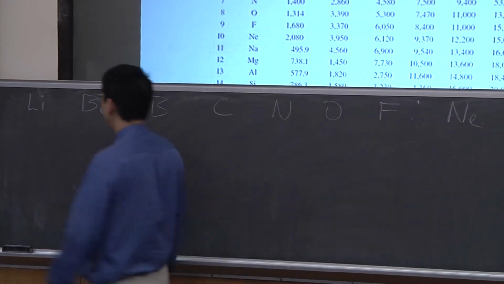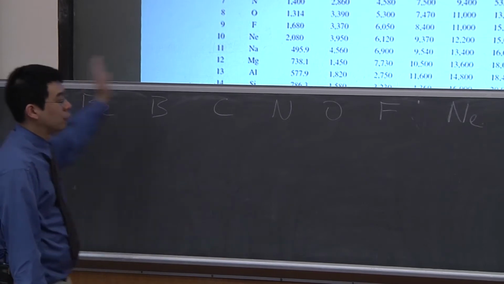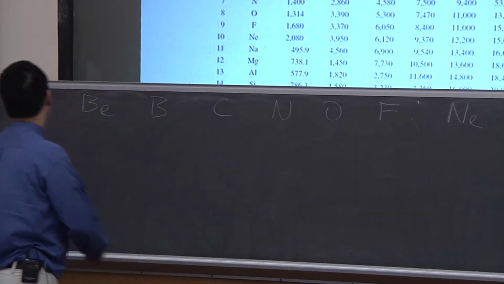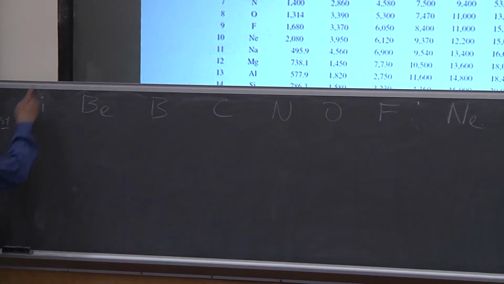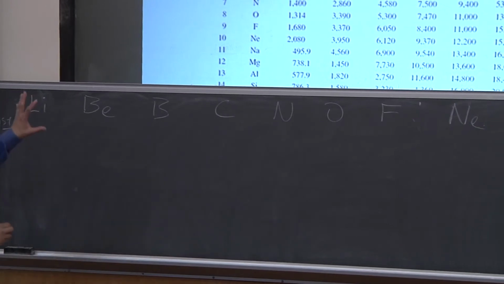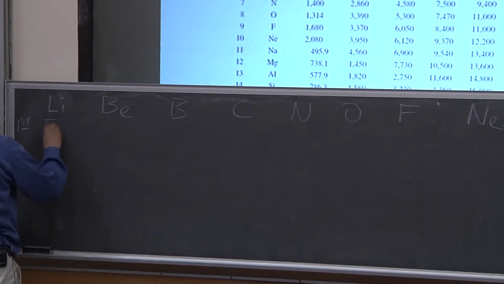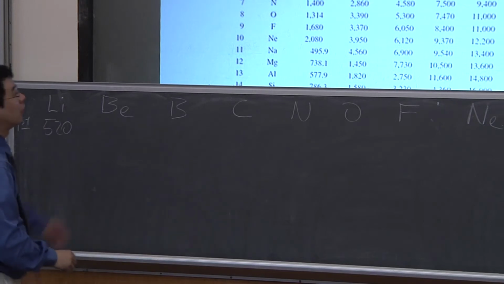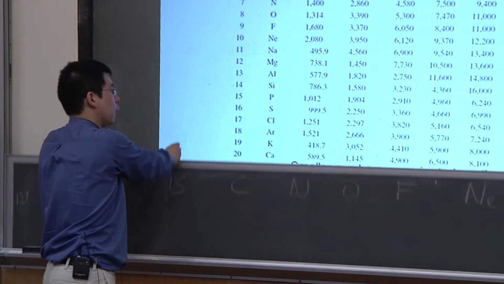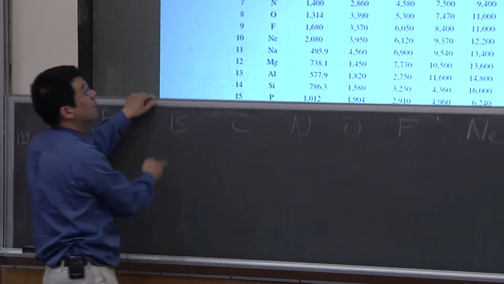Right, so we're going from basically group 1 to group 8. The first ionization energy for lithium, we don't have to memorize these, right? We're just looking at the trends, is 520. And these are, I think, in kilojoules per mole.